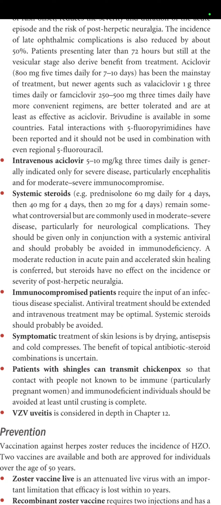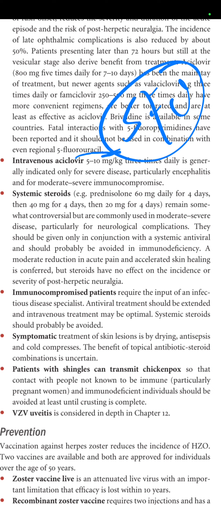Other alternative regimens are valacyclovir and famciclovir. Brivudine is available in some countries. Fatal interaction with 5-fluoropyrimidines has been reported, and it should not be used in combination with even topical 5-fluorouracil. So we do not use it with 5-fluorouracil because of its fatal interactions.